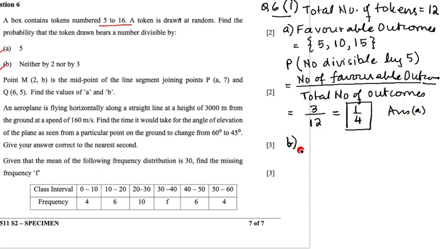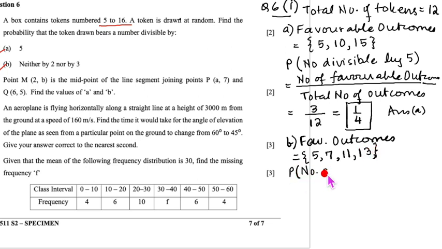Now we come to part B. The number should be divisible by neither 2 nor 3. So the favorable outcomes will start from 5. Then 6 we cannot take because 6 is divisible by 2 as well as 3. 7 we can take, 8 we cannot take, then 9, no, 10, no, 11, yes, then 12, no, and the last one will be 13 only.